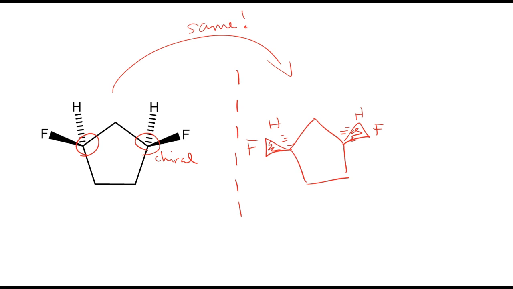I could just literally move one molecule right on top of the other and it would be superimposed. They are exactly the same. So even though we have 2 chiral atoms, 2 chiral carbons, the molecule as a whole is not chiral. It is an achiral molecule.